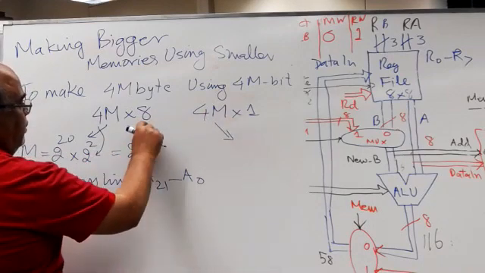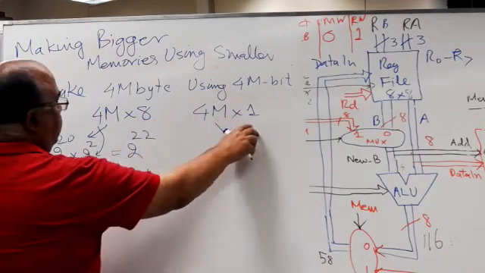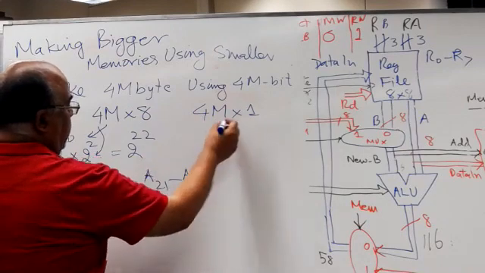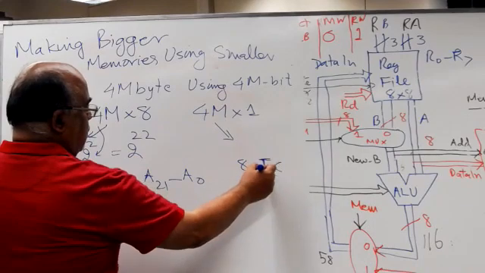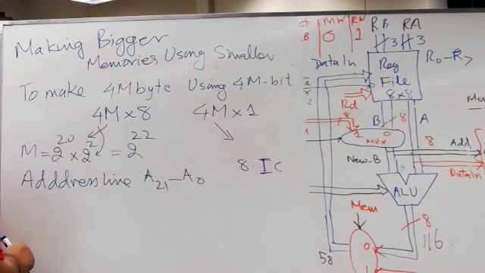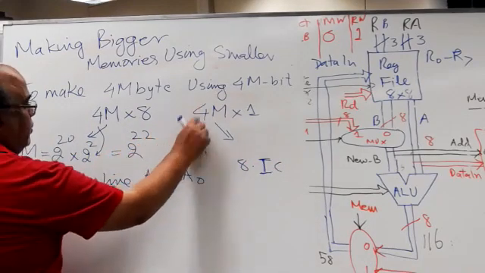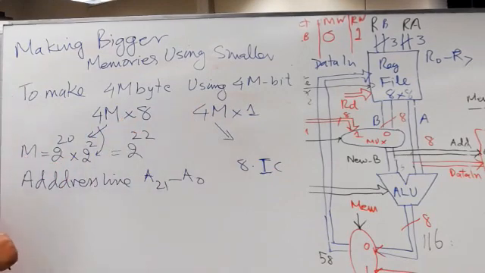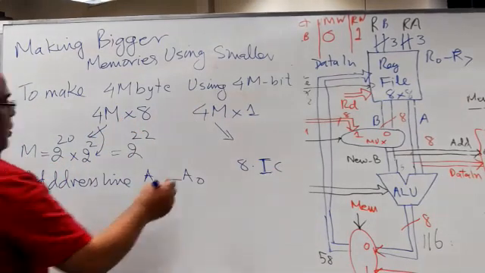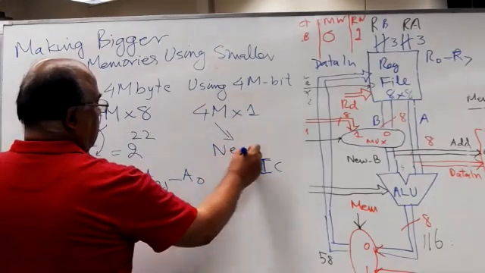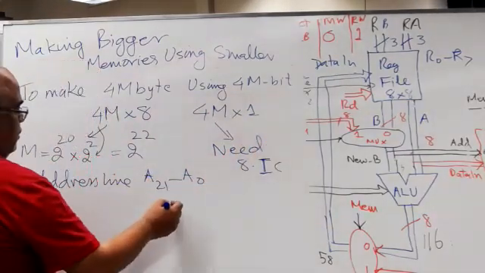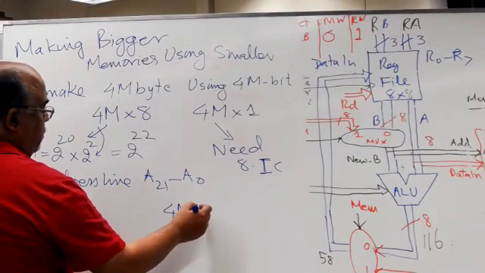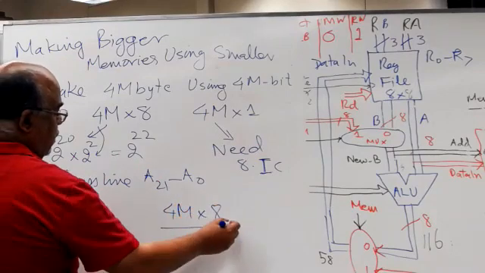So if you divide these data lines by this, you can see that we need 8 ICs. So we have to make an array of 8 ICs to go from this to this. What you want to make, you divide by the one you have available.